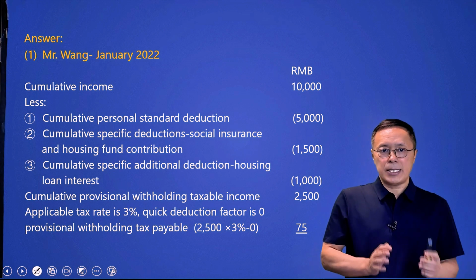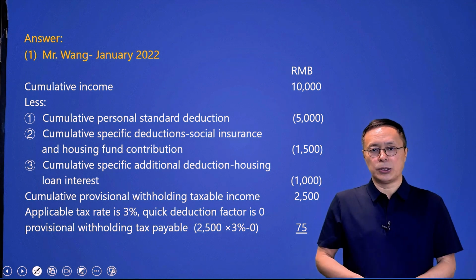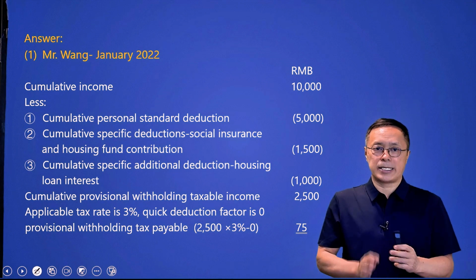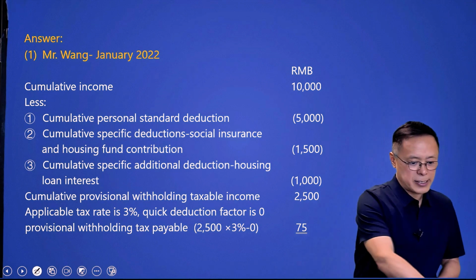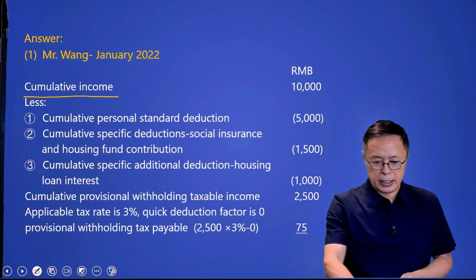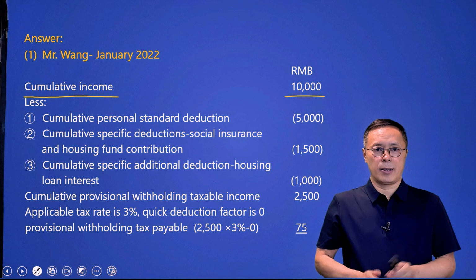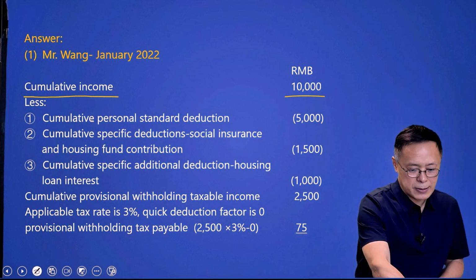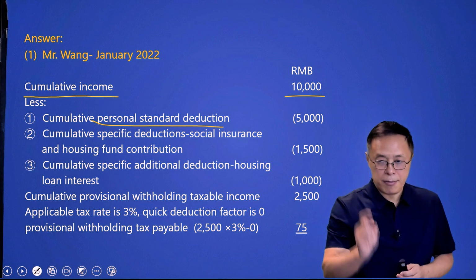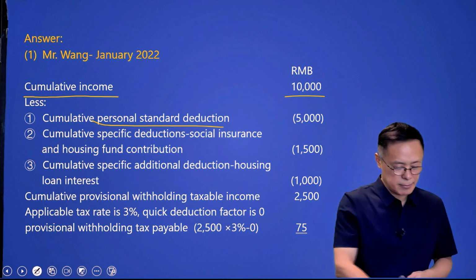Look at the answer. Mr. Wang in January 2022. The calculating process of provisional withholding tax payable is as follows. The first item, cumulative income. 1 month, so only 10,000. Less cumulative personal standard deduction. 1 month, so only 5,000.